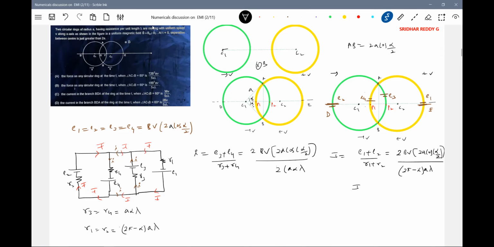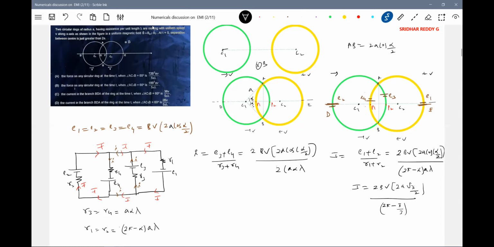Let me solve it. I is equal to 2BV, A cos of, this will be root 3 by 2, 60 degrees. So this will be root 3 by 2, 2 pi, this will be pi. How much will we get?